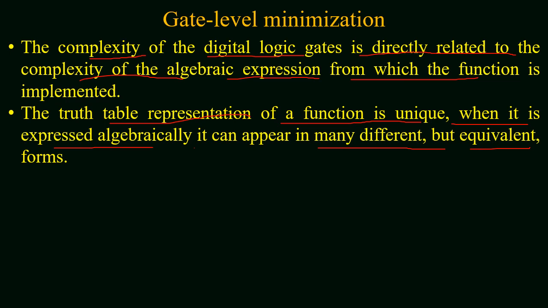So we can say that if we have a complex function and a simplified function, the truth table corresponding to both is unique, so the implementation of a simplified circuit is easier and will occupy less space compared to the complex one. So we prefer gate level minimization for an optimal gate design.